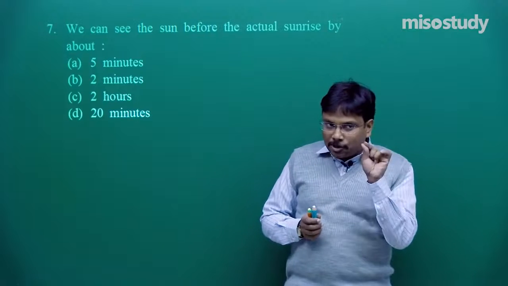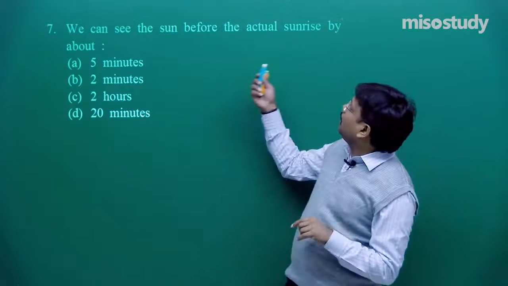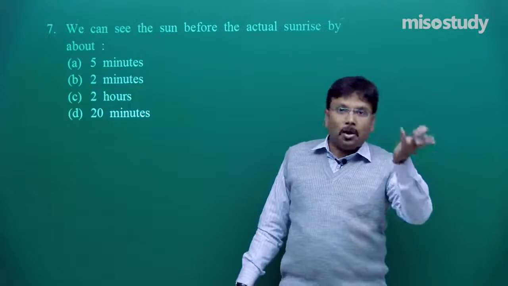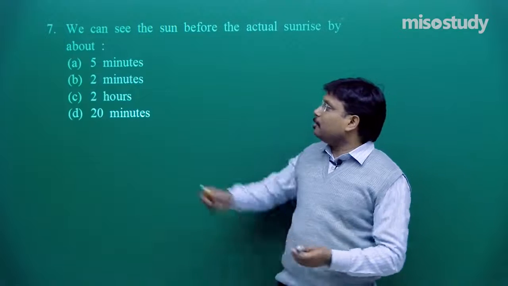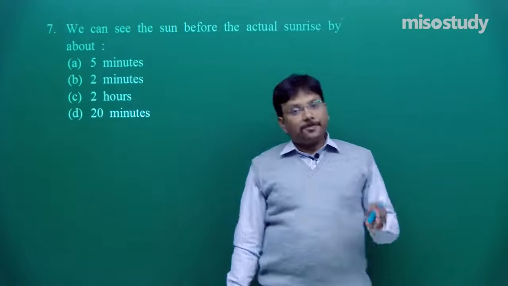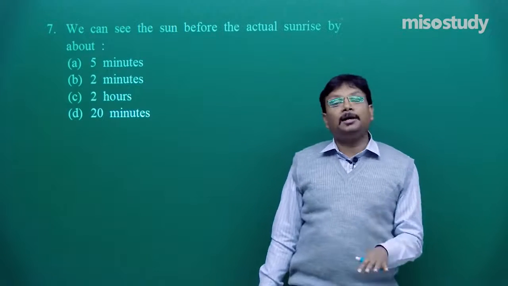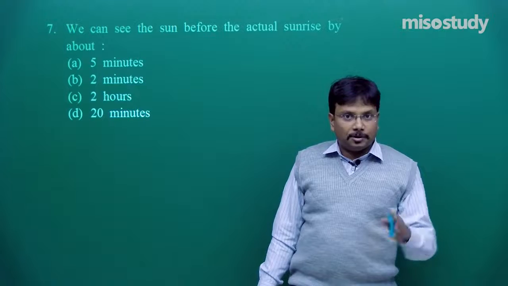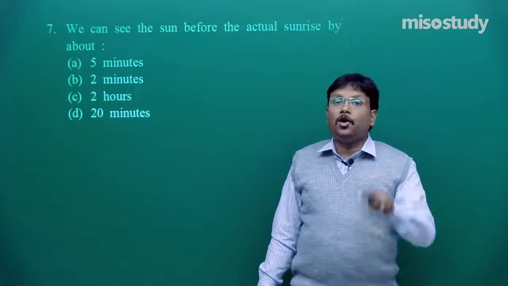So before the actual sunrise it appears that it is now on, so it is going to be by 2 minutes, and after sunset, even after sunset, you can observe the setting sun for 2 minutes.